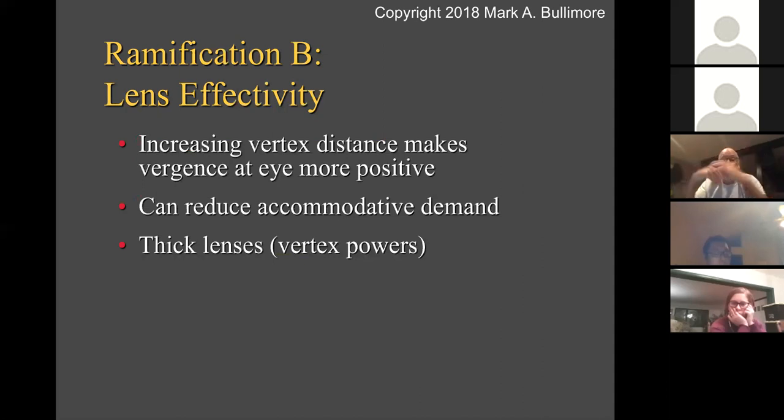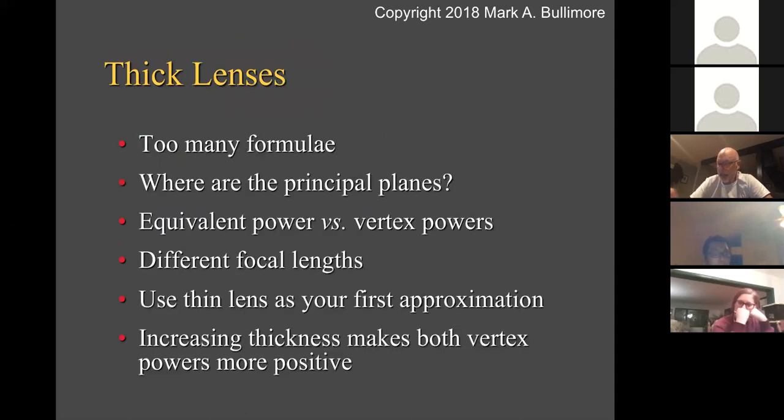What they're doing is getting more plus into the system, reducing the accommodative demand. And this has ramifications for thick lenses as well, and we'll come to that in just a minute.